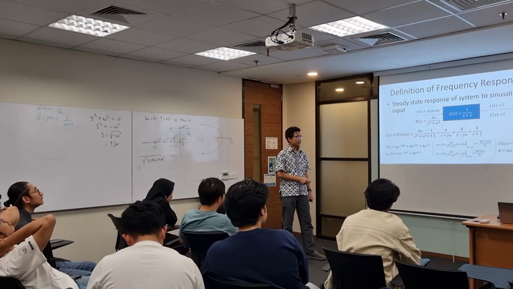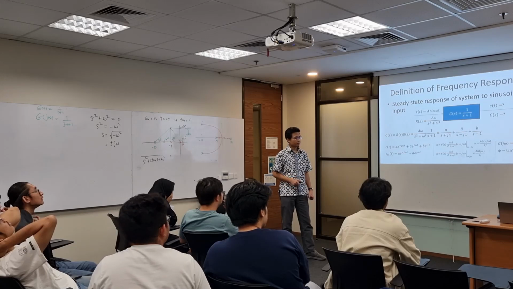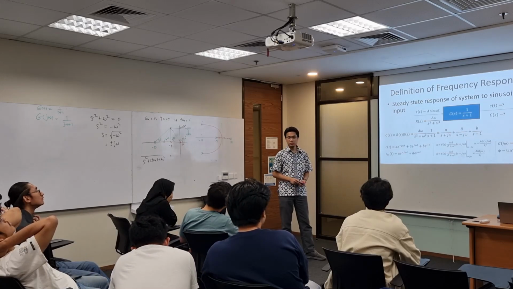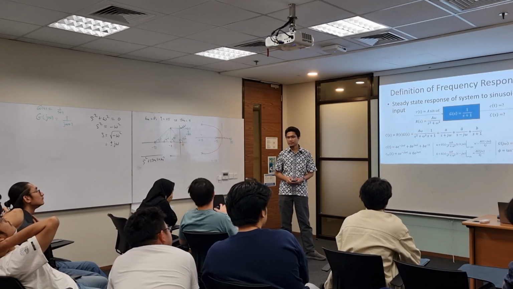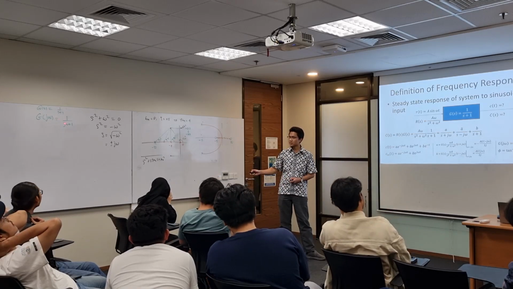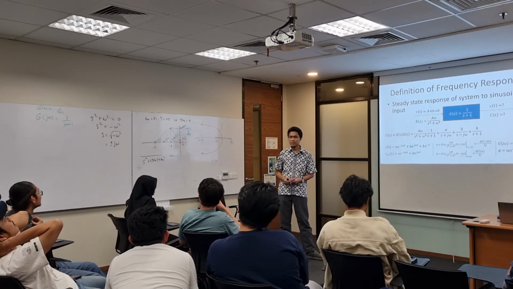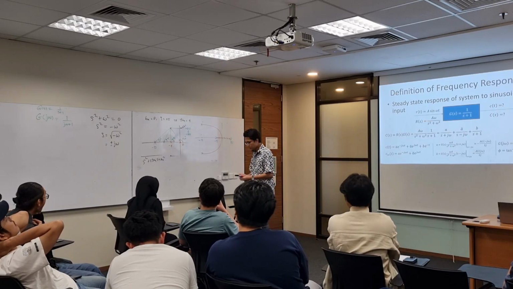So how do we get the magnitude of G of j omega then? You just put the j omega here and take the magnitude.